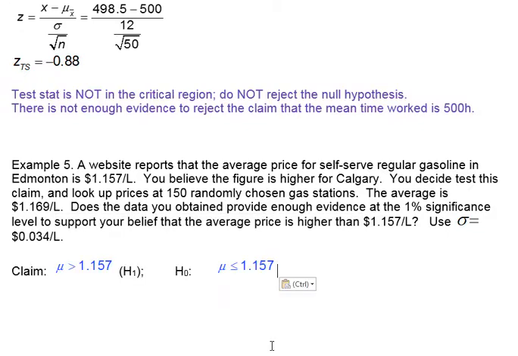So the alternate, if we're going with strictly the direct opposite of the claim, we would say less than or equal to. But often you will see these done with the other hypothesis. When our claim is the alternate hypothesis, you'll often see it used to say that the null hypothesis is just equality. And your textbook does use this notation. It doesn't really matter which way you write it as far as these two go in terms of your calculations.